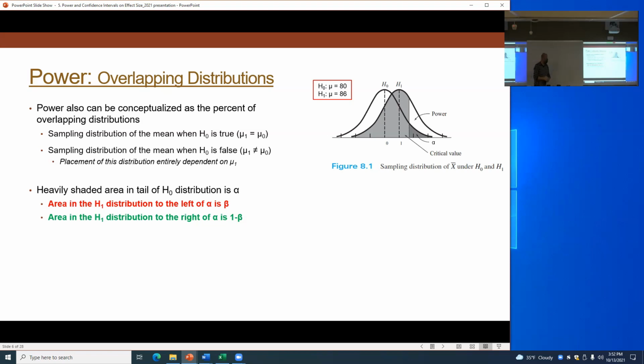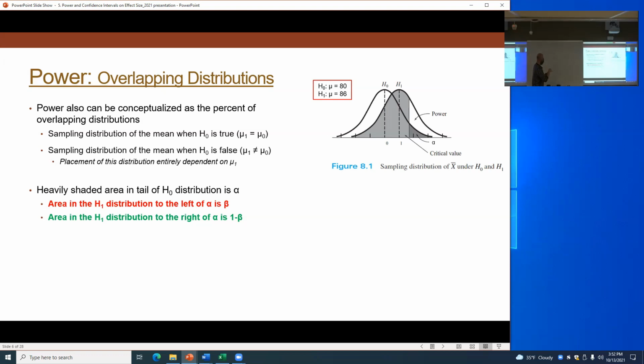We've also got the distribution of the mean when our null hypothesis is false. When the null is false, which is what we hope, right? That the null hypothesis isn't true, that our groups are different, that there is an association, and so on.